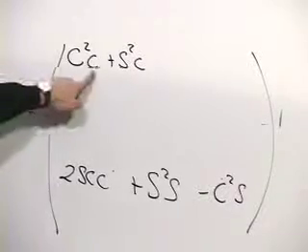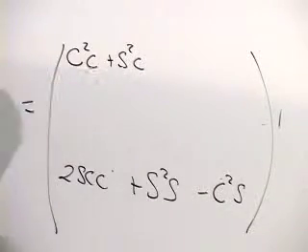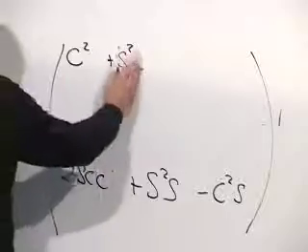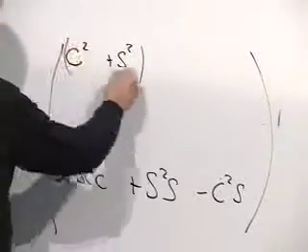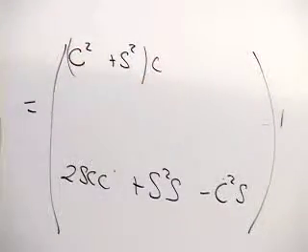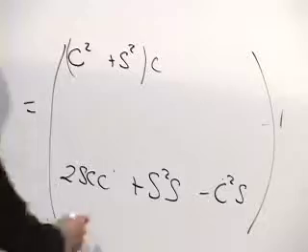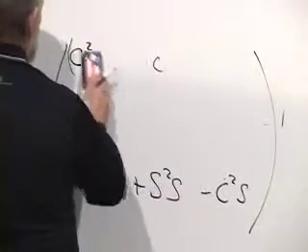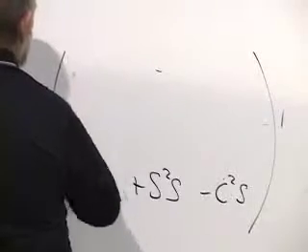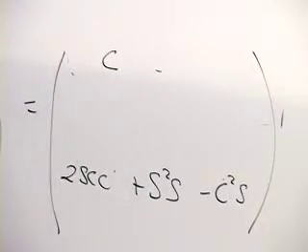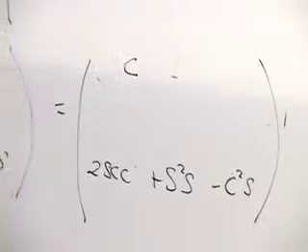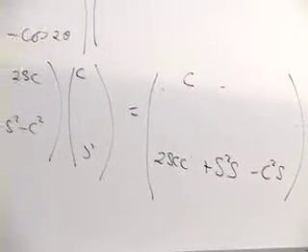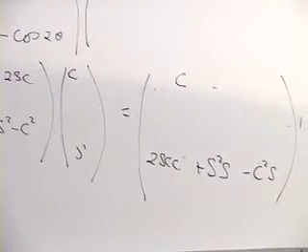C is a common factor in both of them, so let's take C outside. And now what is C squared plus S squared? 1. So this is just C. That's good because remember what we're trying to get: P theta on theta just gives us back theta.